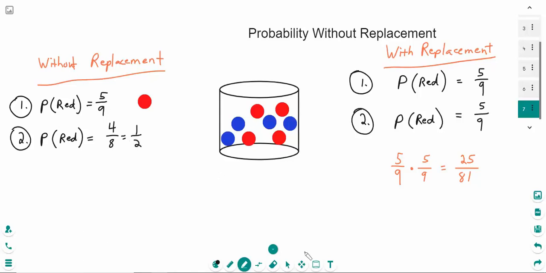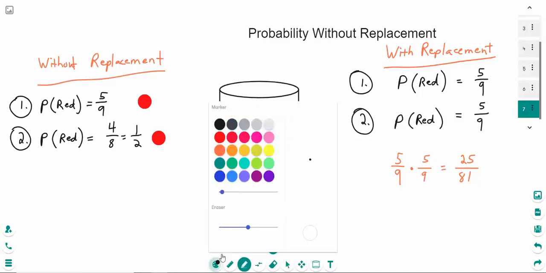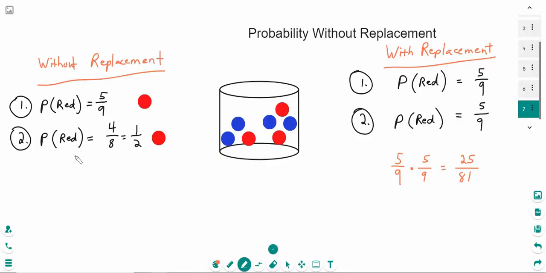So what's the probability of actually succeeding and getting 2 red marbles in a row? Again, we use the same thought process. We take the probability of the first experiment and multiply it by the probability of the second one to determine the probability of these 2 things happening in consecutive order.